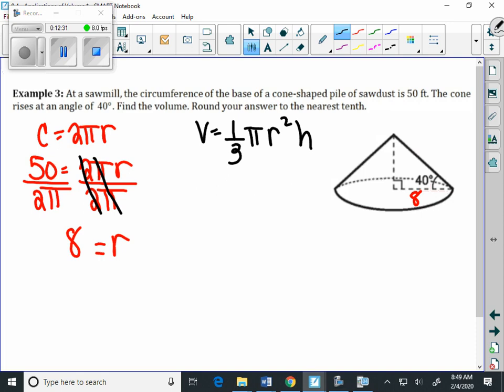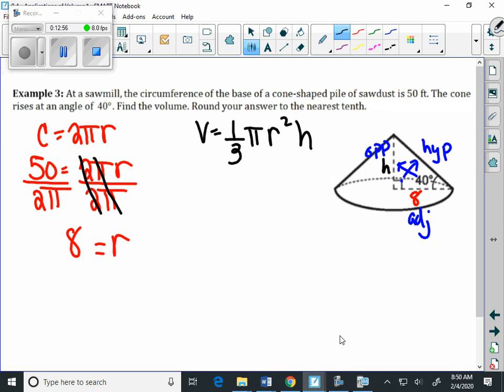So we take a look at this. The h is here. And what we have is a right triangle. Across from the right angle is the hypotenuse. And across from the angle is the opposite, which means our radius is the adjacent.